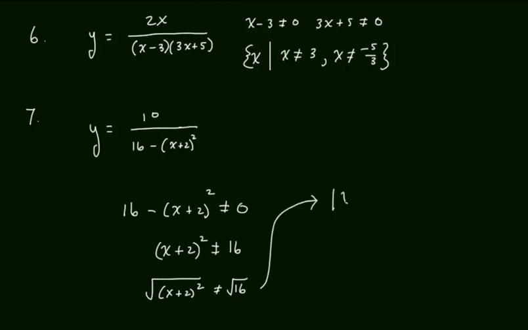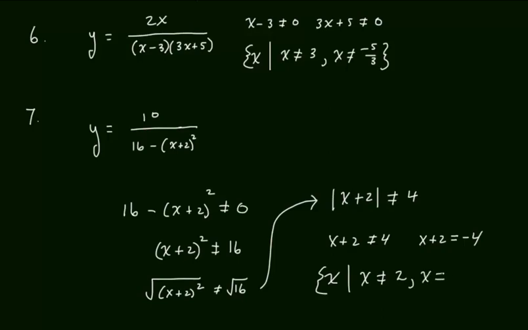So we have the absolute value of x plus 2 cannot equal 4, square root of 16. So x plus 2 cannot equal 4. Also, x plus 2 cannot equal negative 4. So that's going to give us our answer. It's going to be the set of x such that x cannot equal 2, x cannot equal negative 6.